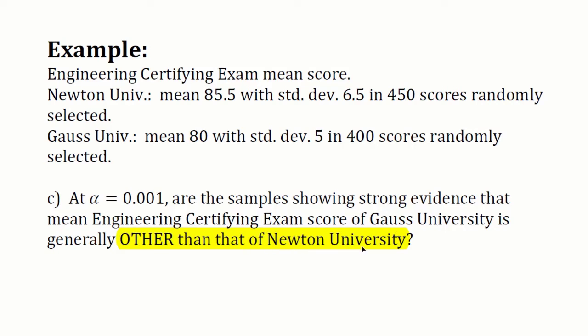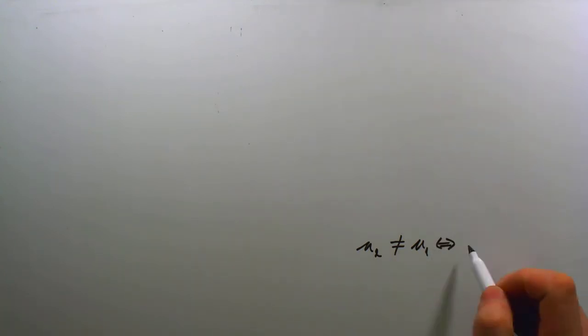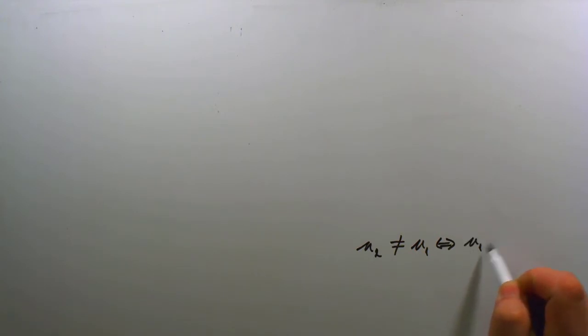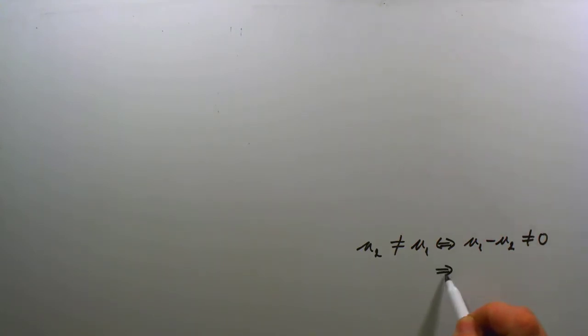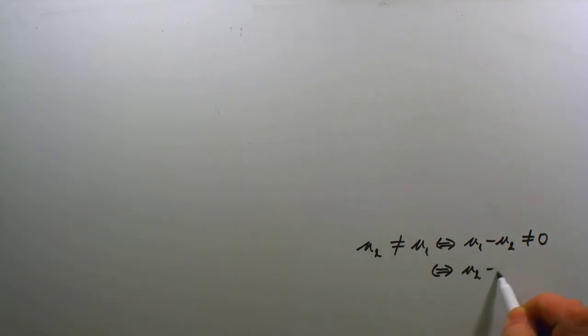That of Newton University means the mean engineering certifying exam score of Newton University. So we want to prove now that mu 2 is other than mu 1. And so algebraically, this comparison statement can be rewritten as mu 1 minus mu 2 being other than 0. That's one way we can rewrite that. Or we can also rewrite the same comparison statement as mu 2 minus mu 1 is other than 0.